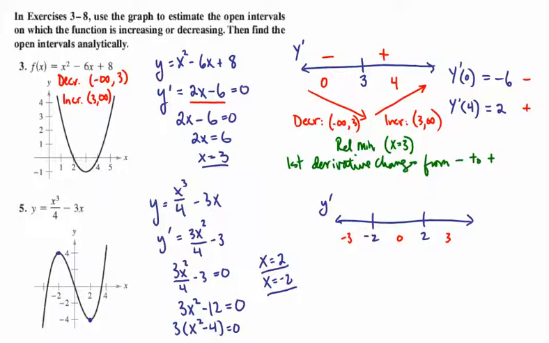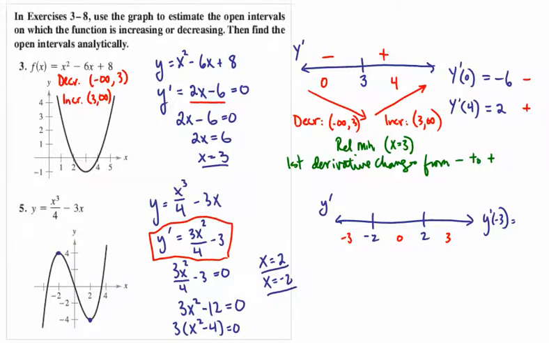So we test y prime at negative 3. Let's see what we get there. Y prime, again, is right here. We plug in negative 3. Negative 3 squared is 9. 3 times 9 is 27. 27 over 4 is 6 something, so that is going to be positive. And we really don't care what the value is.